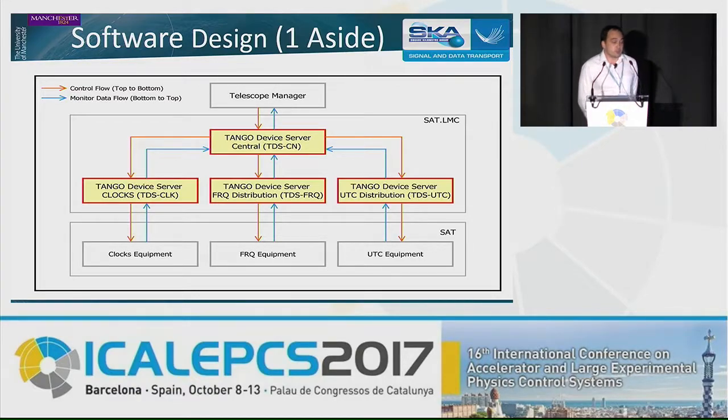This slide just gives you a very brief overview of the design of SAT-LMC. As you can see, it's a very simple block we have here. Note the use of Tango. So this is hopefully going to harmonise us with the other LMC people across the telescope.